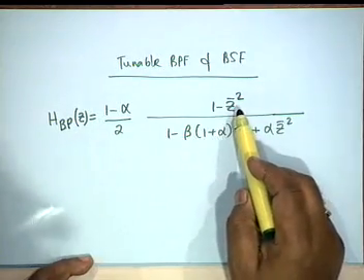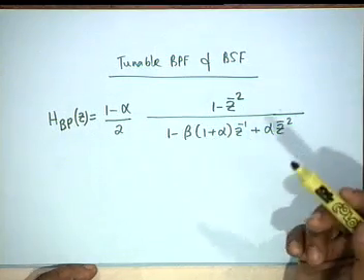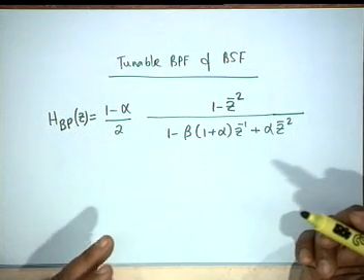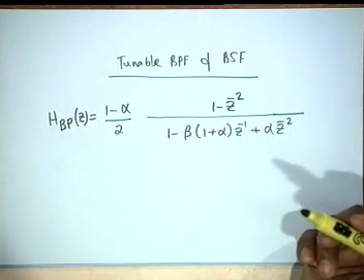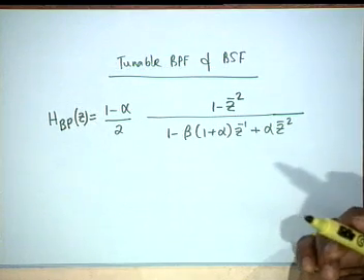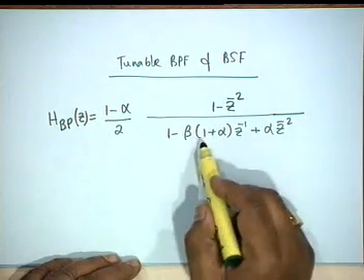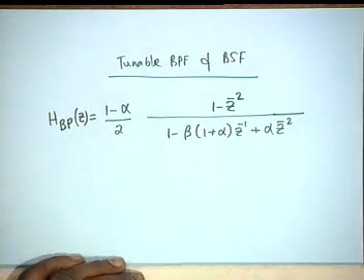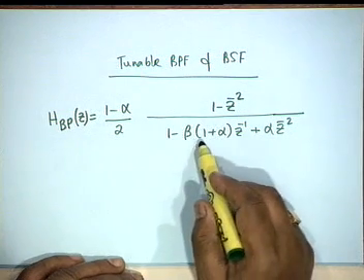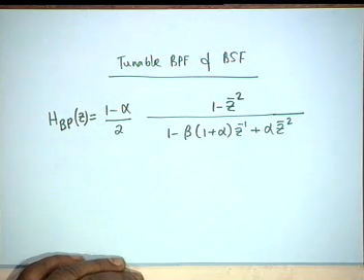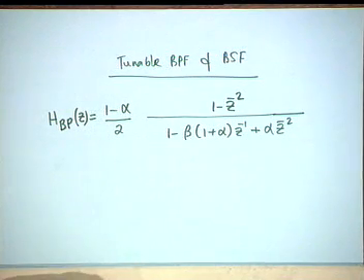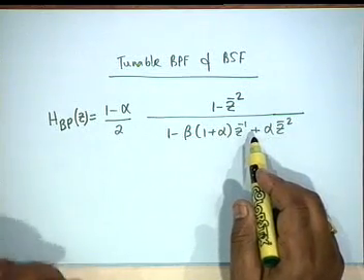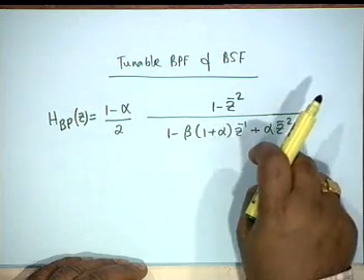Why is the numerator 1 minus z to the minus 2? To make the DC response equal to 0, and the response at omega equal to pi also equal to 0. Okay. And now you shall appreciate why the denominator is written in this form, not 1 minus beta z inverse plus alpha z to the minus 2, because in the lattice realization of the all pass filter derived from here.